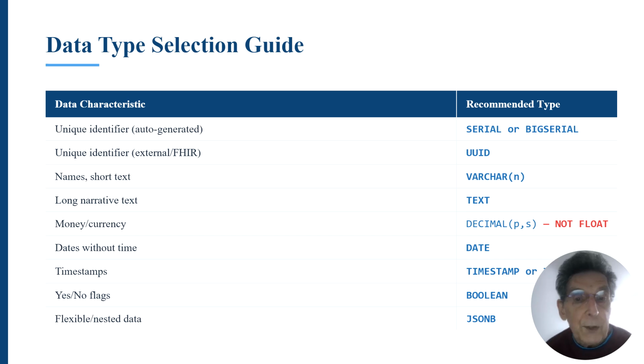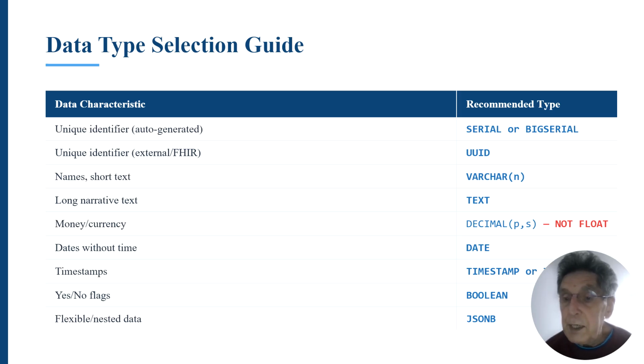When in doubt, consult this guide right here. For auto-incrementing IDs, use serial or big serial. Let Postgres manage the uniqueness. For external identifiers, like medical record number or FHIR IDs, use UUID, globally unique without coordination. For short text like names and codes, use varchar of n and set reasonable limits.